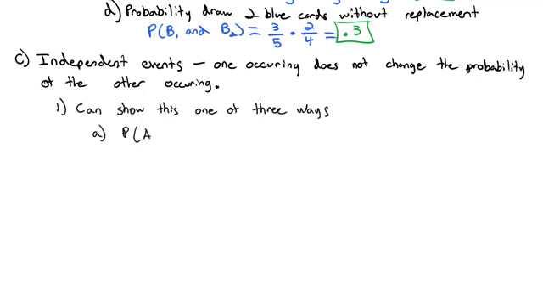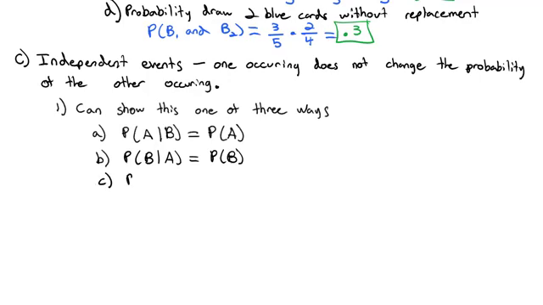The first is we can show that the probability of A, given that B has occurred, if B is not going to affect its probability, should still be the same as just A occurring by itself, because B has no impact on it. The opposite is also true. We could say the probability of B given A is just equal to the probability of B, because A occurring has no impact on it.